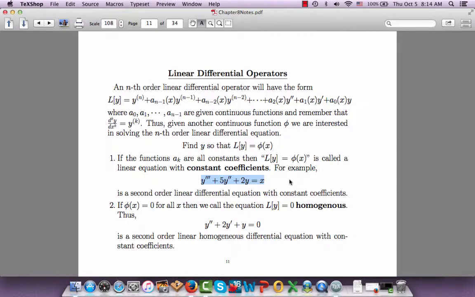Another way of making problems easier is what if the right-hand side is 0? If the right-hand side is 0, we call these homogeneous equations. I'm going to talk about this more in another video, but this word homogeneous is not the same as we used in earlier chapters when we talked about first-order homogeneous equations. What we're talking about now are linear homogeneous equations.